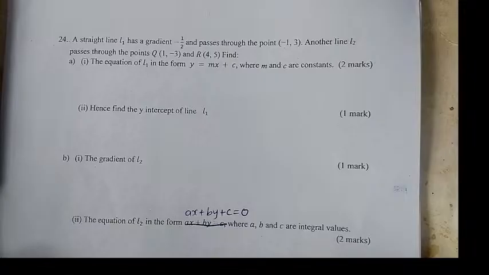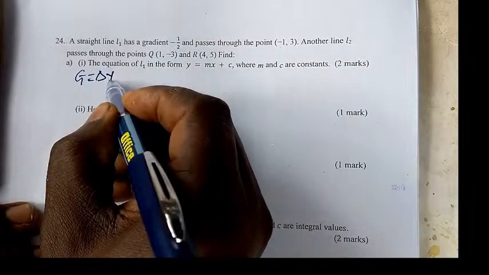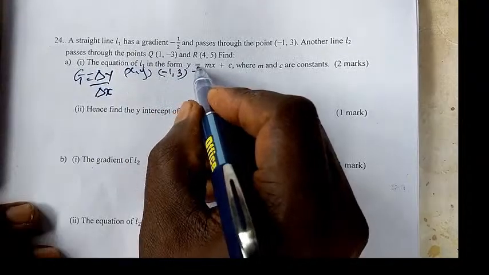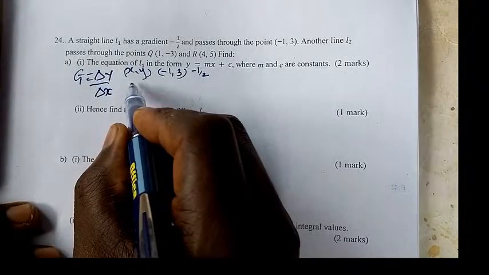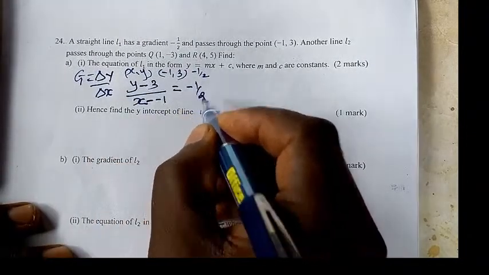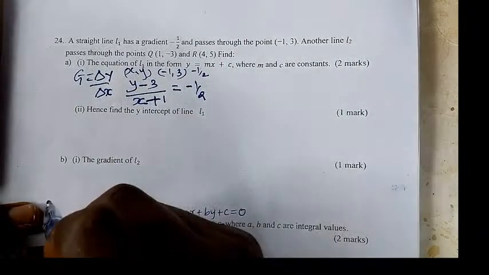A straight line L1 has a gradient -1/2. So over change in x. So we take the point, comma 3, and our gradient is -1/2. We change in y, we say y minus 3 over x minus... And negative times a negative is going to be positive.